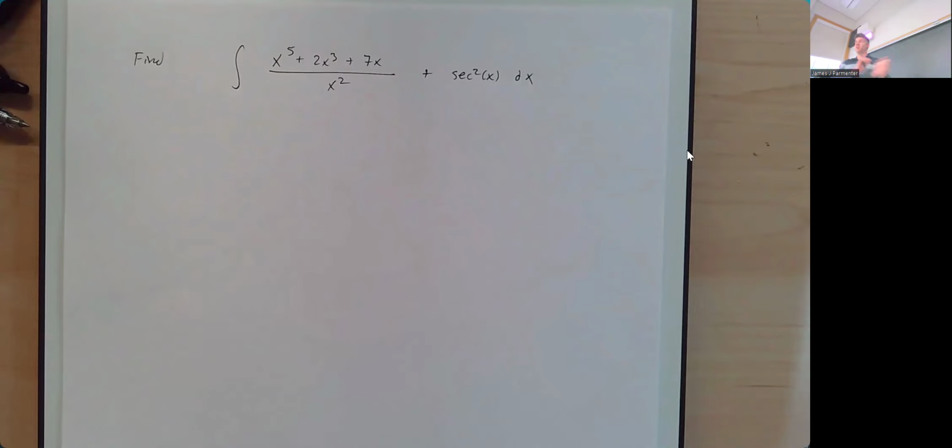Unlike differentiation, where we have kind of set rules, like you see a product, you use the product rule. You see a quotient, you use the quotient rule. You see something that needs the chain rule, you use the chain rule. For anti-differentiation, half the battle or more is figuring out what method to apply to even start trying to anti-differentiate it.